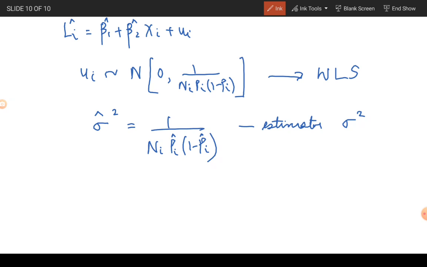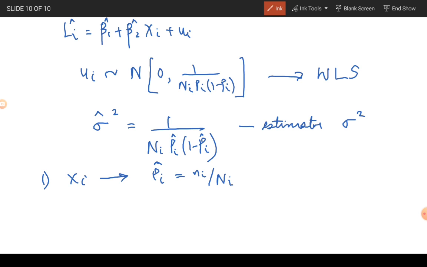So let's have a look at what are the steps involved in estimating the logit regression. First, for every income level Xi, calculate Pi hat, which will be given as small ni divided by capital Ni.